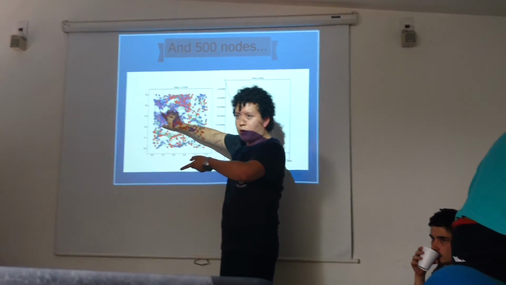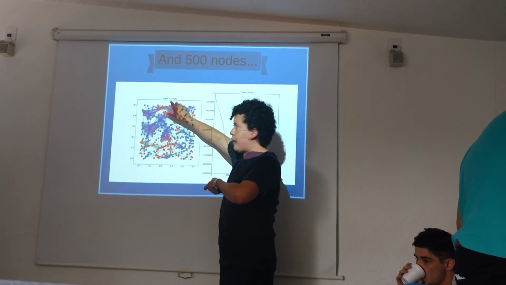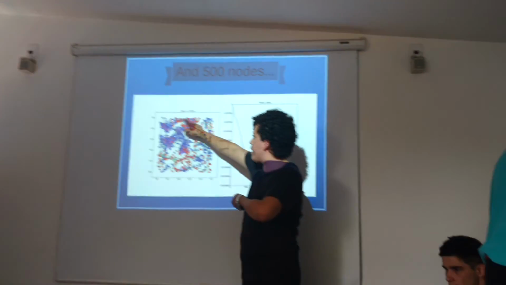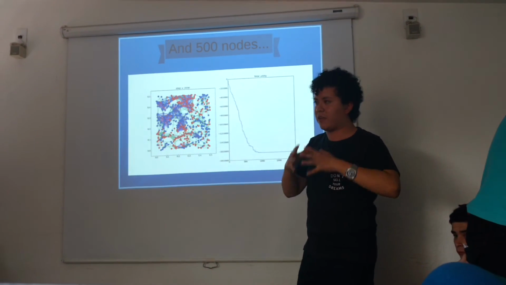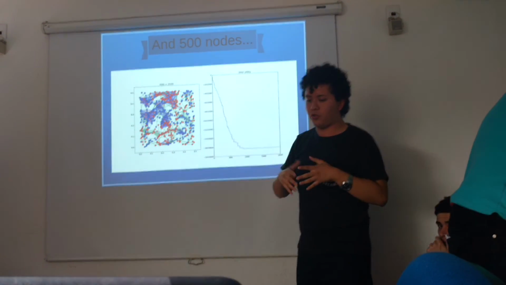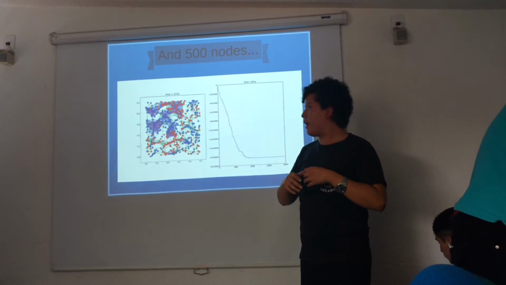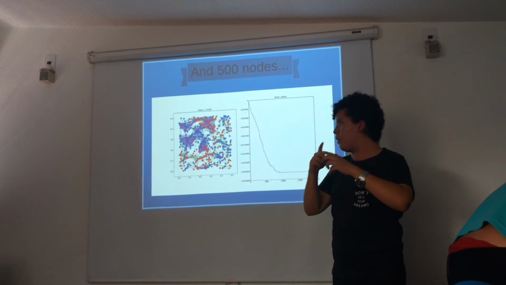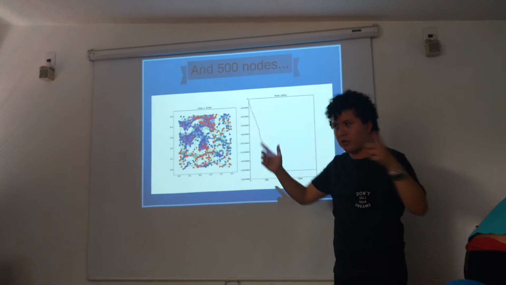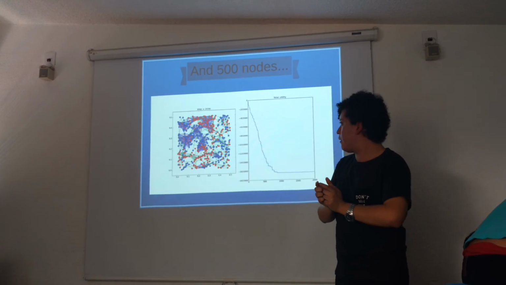In this one, it's another pattern. For example, in this cluster they go to red, in this one blue, and all the conflict resolution starts in a social group, in social groups, not in all the community.